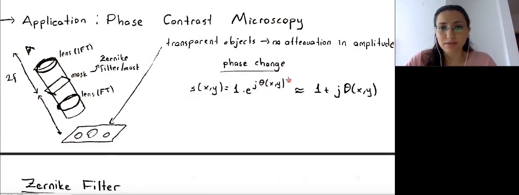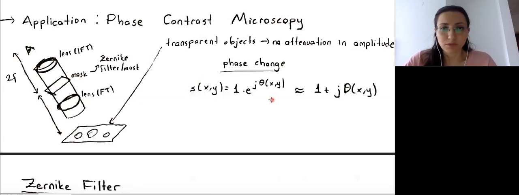The phase that is due to the thickness of the object is called theta(x,y). So we basically model our transparent object as e to the j theta(x,y). The amplitude is 1, but the phase is changing as a function of x and y.